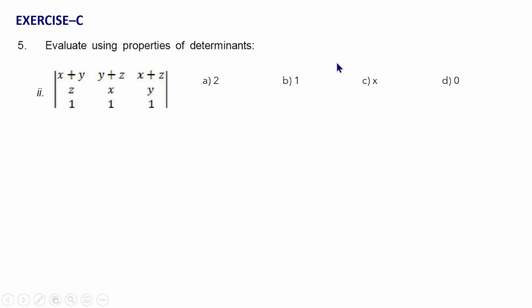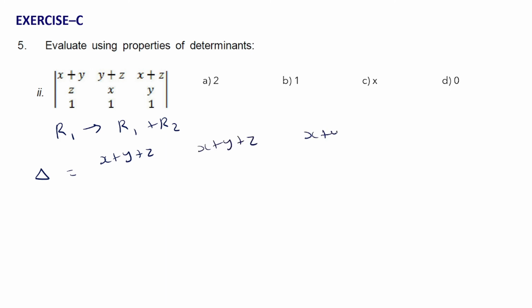Next question, determinant of x plus y, y plus z, x plus z, then z, x, y, then 1, 1, 1. So here let us use the property R1 changing to R1 plus R2. So the given determinant becomes x plus y plus z, x plus y plus z, x plus y plus z as the first row.